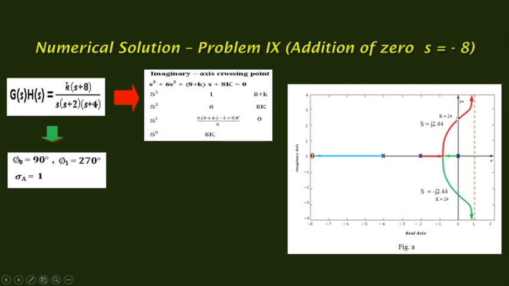Then this root locus crosses the imaginary axis. So find the crossing point using the Routh array. Taking the characteristic equation, if we consider this equal to 0, then K equal to 24. Taking the auxiliary equation, from this we get s equal to plus minus j 2.44.